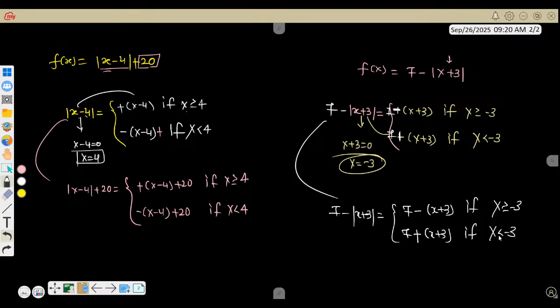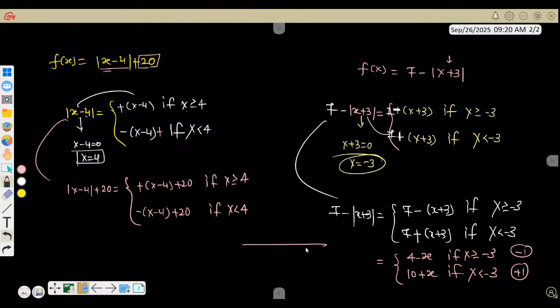Got it? Yeah. And now you can simplify this. So 7 minus 3 becomes 4 minus x, or this becomes 10 plus x. And when we take the derivative of this, you can see this gives us negative 1 and this gives us positive 1.